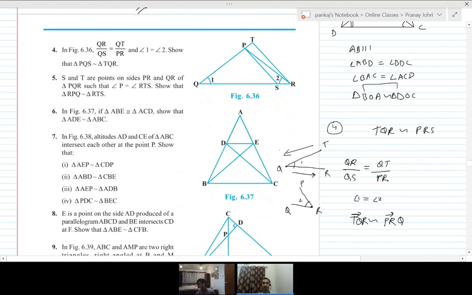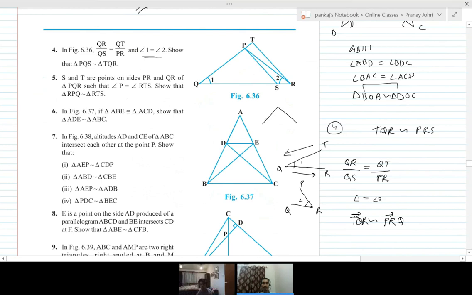Now TQ by PR is equal to QR by RQ. We missed one thing: angle 1 and angle 2 are equal, and I'm going to use that.